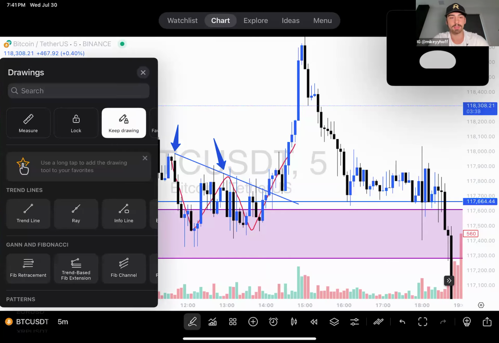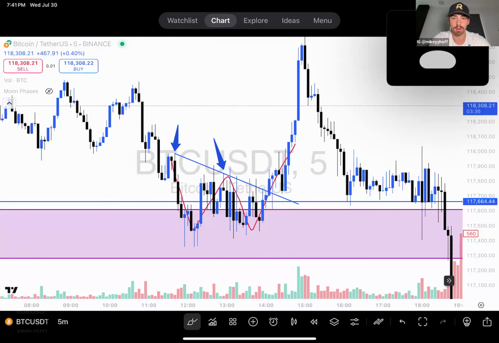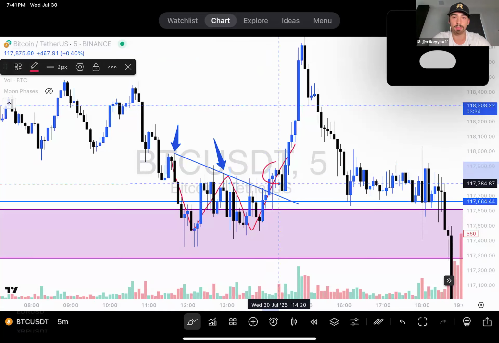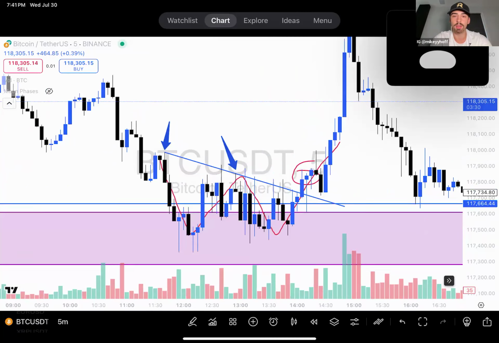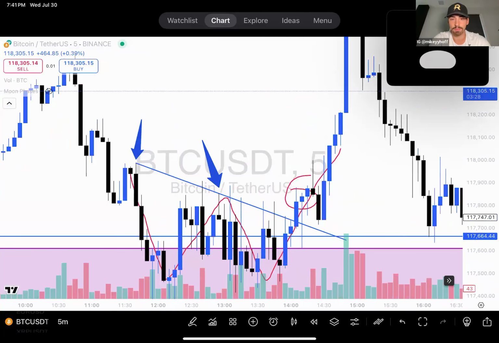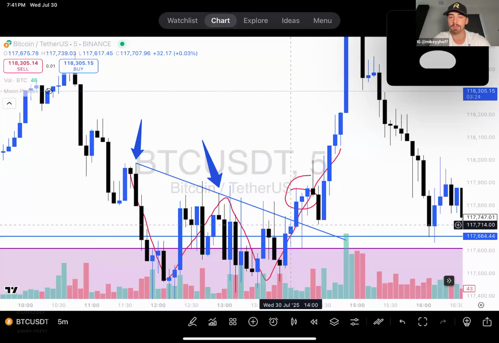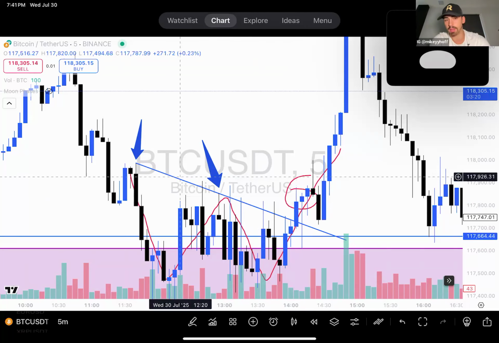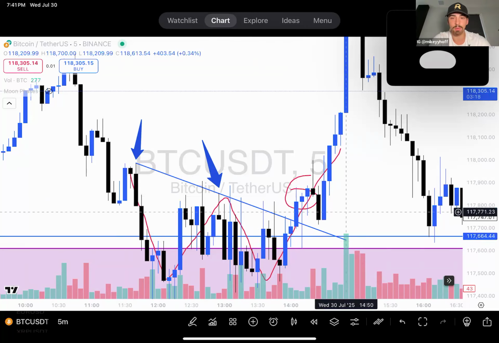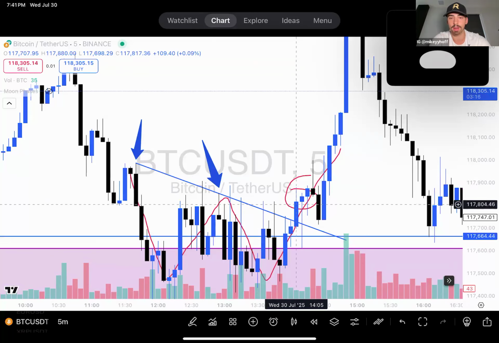In this case, we're going to circle this here. We had this blue candle right there that opened above the counter trend line. The previous one opened below it, so we wouldn't have used that one. It opened and closed above the counter trend line. That's how we got our entry there.